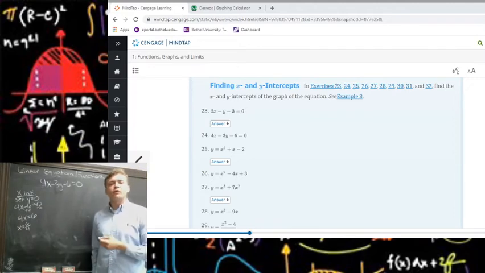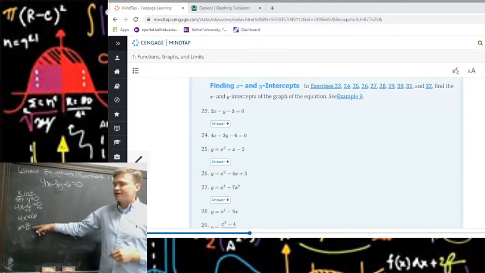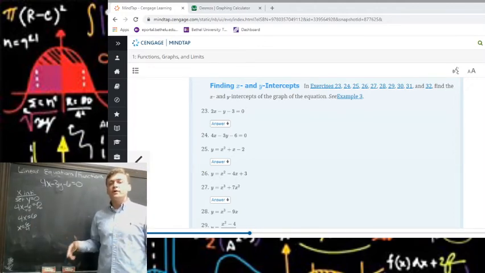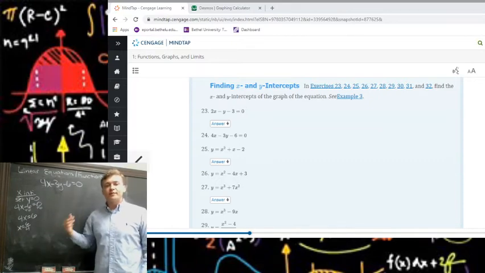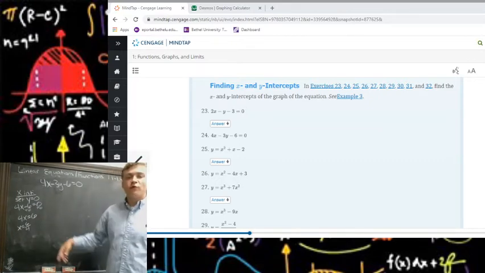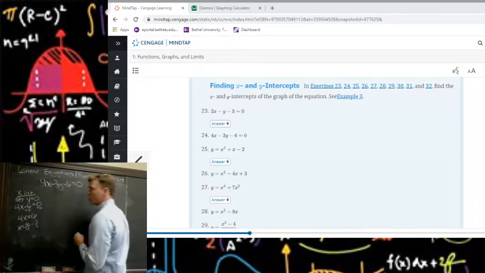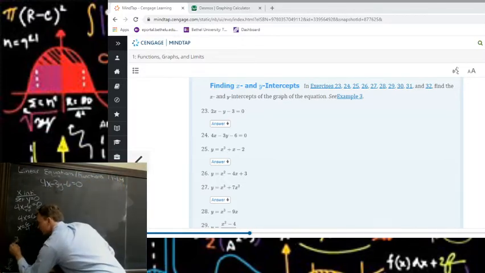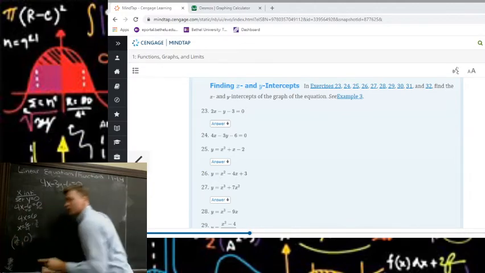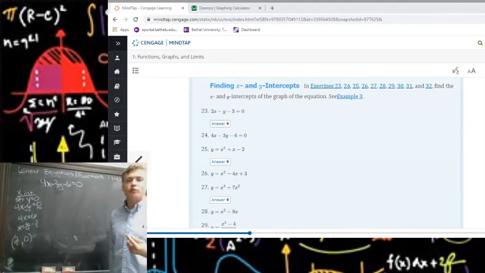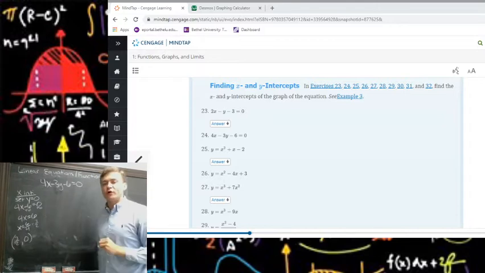The top and bottom numbers are both even, so extracting a 2 from the top and bottom and canceling them out, 6 over 4 is the same as 3 halves. So our ordered pair here is (3/2, 0). Once again, 3 over 2 is simply 1.5, directly in between 1 and 2.